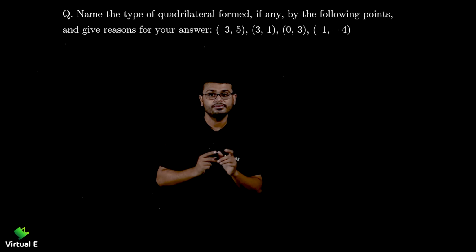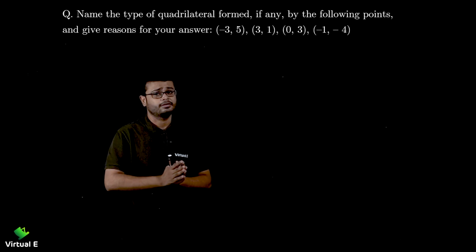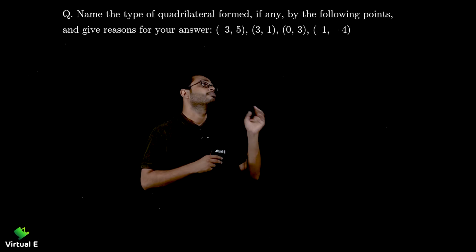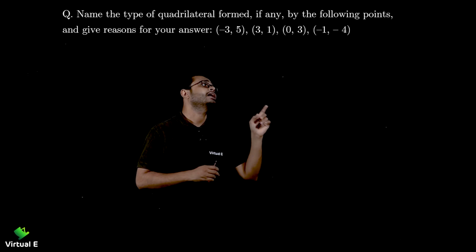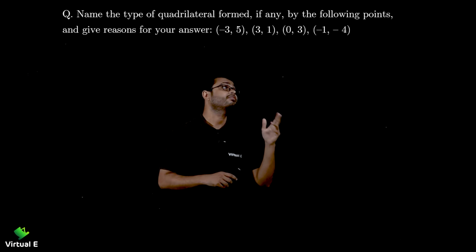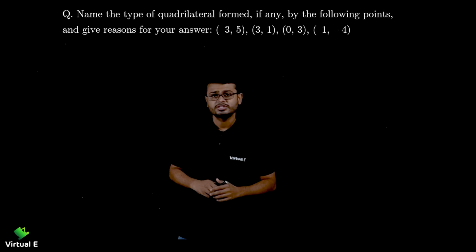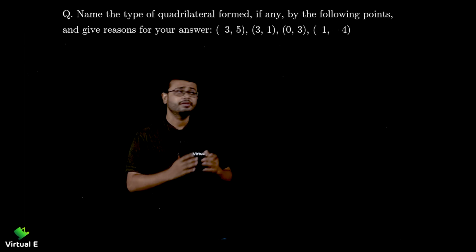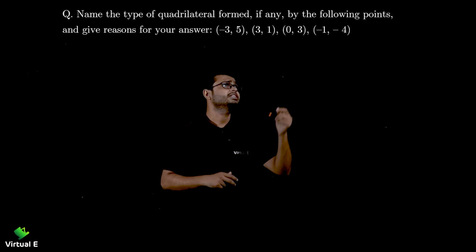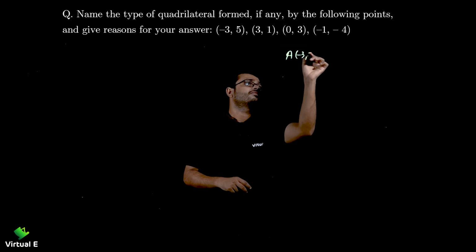If any, I told you that if it is forming, then only we can name the quadrilateral. Otherwise, we cannot. By the following points and give reason for your answer. So 4 points: -3, 5; 3, 1; 0, 3; -1, -4. So first of all, I told you give names, give A, B, C, D. It's easy. So let's start. A is -3, 5.